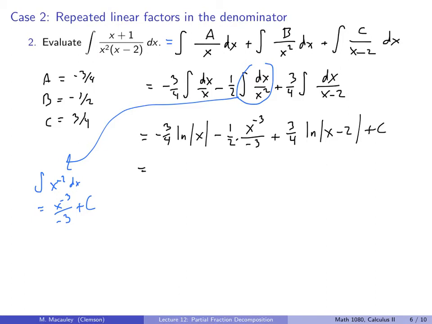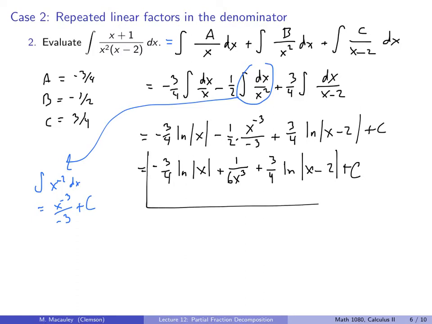So our final answer is negative 3/4 natural log of x, minus, so that's a plus, let me write this as 1 over 2x plus 3/4 natural log of x minus 2 plus c, and there's our answer.